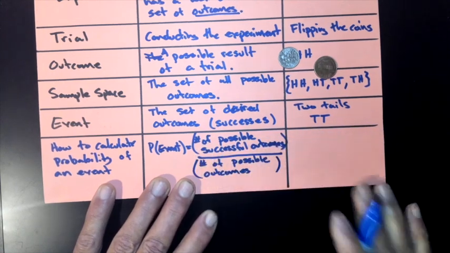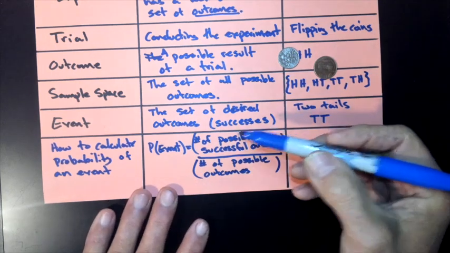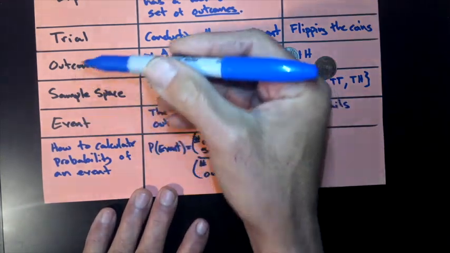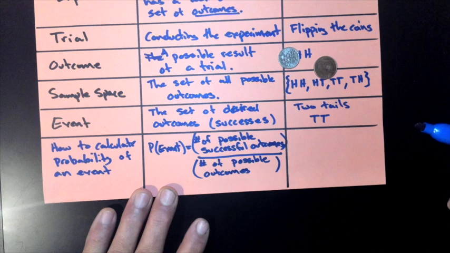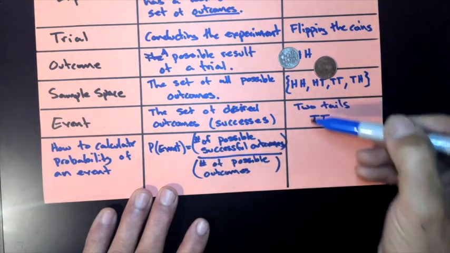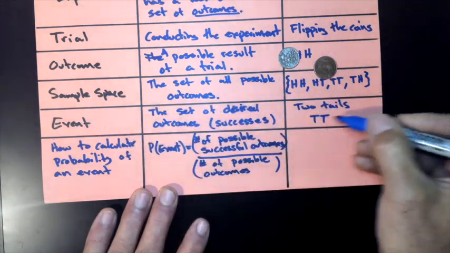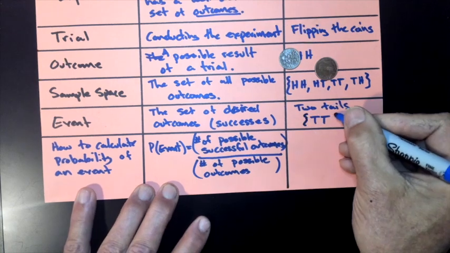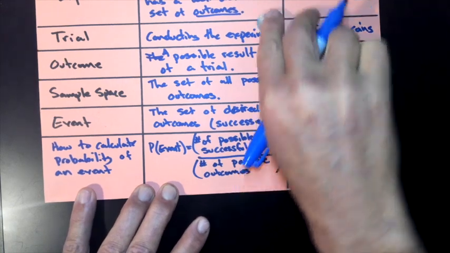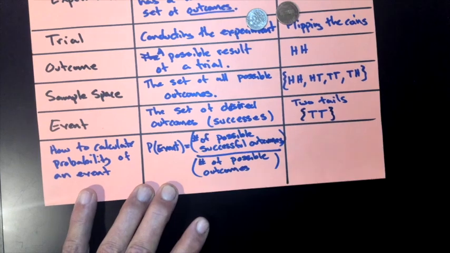Okay, that's basically it. It's tempting to say the probability is the events over the outcomes, but it's the number of elements in the event over the number of elements in the sample space. So we have to look at it that way.